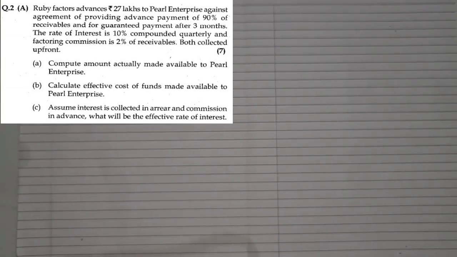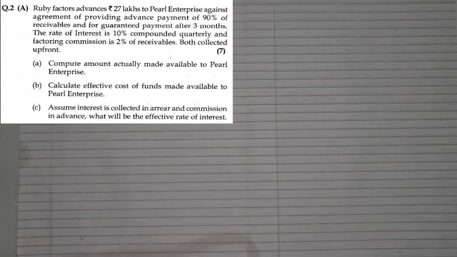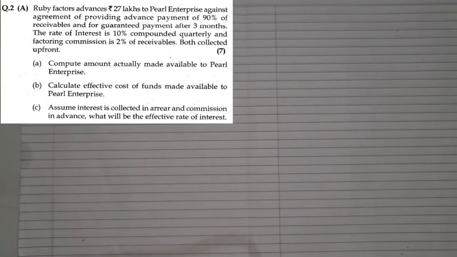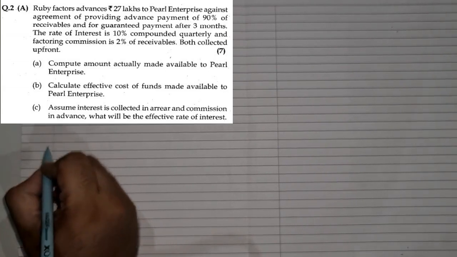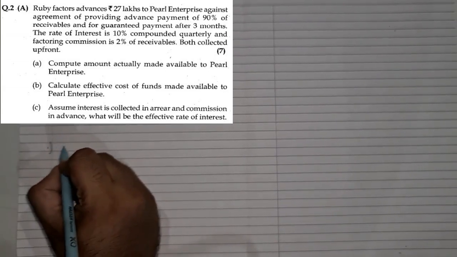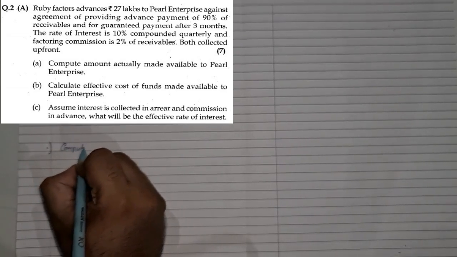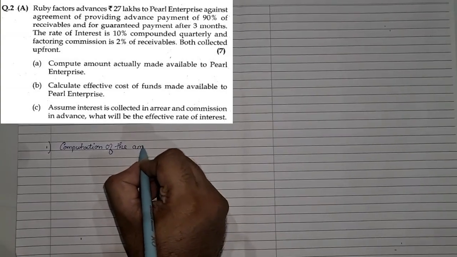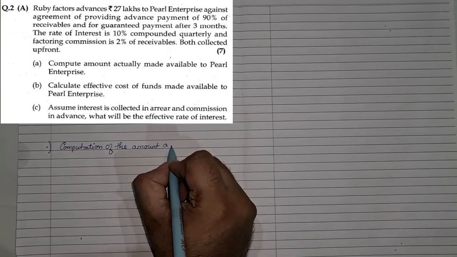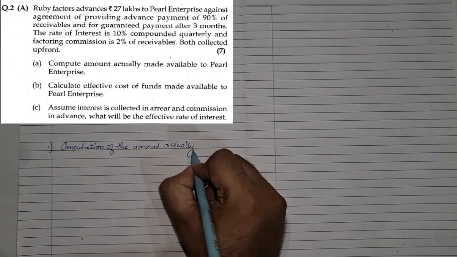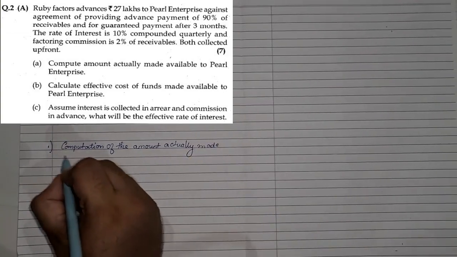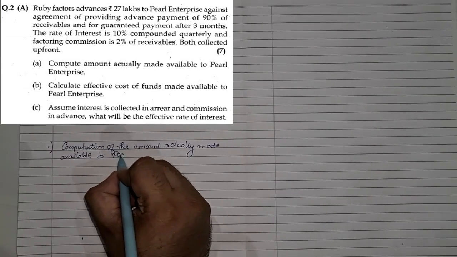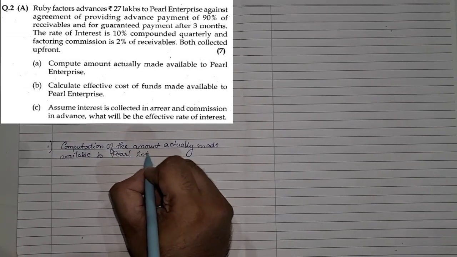Let us see how to solve such kind of sum. The sum is going to be divided in three parts. Number one, the first heading will be computation of the amount actually made available to Pearl Enterprise.